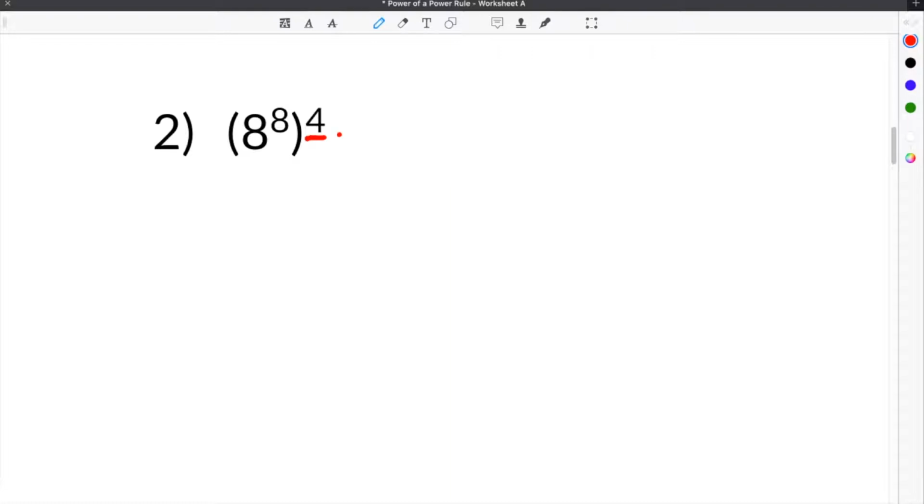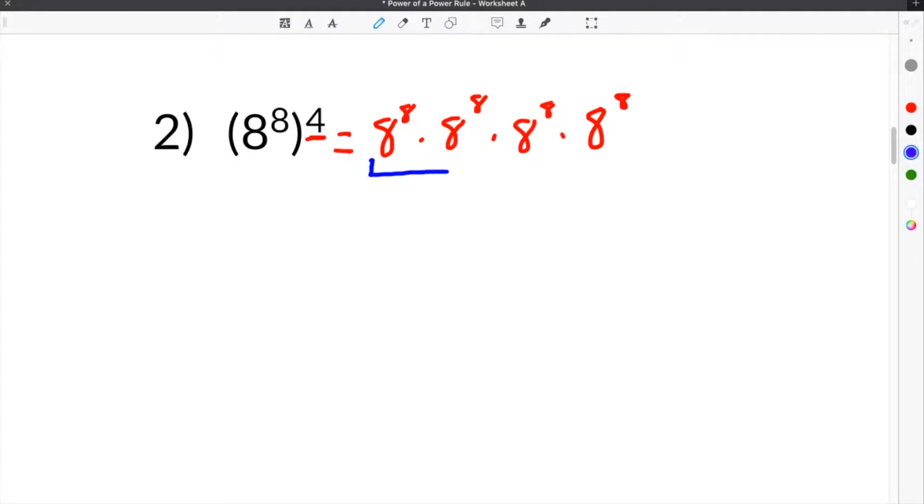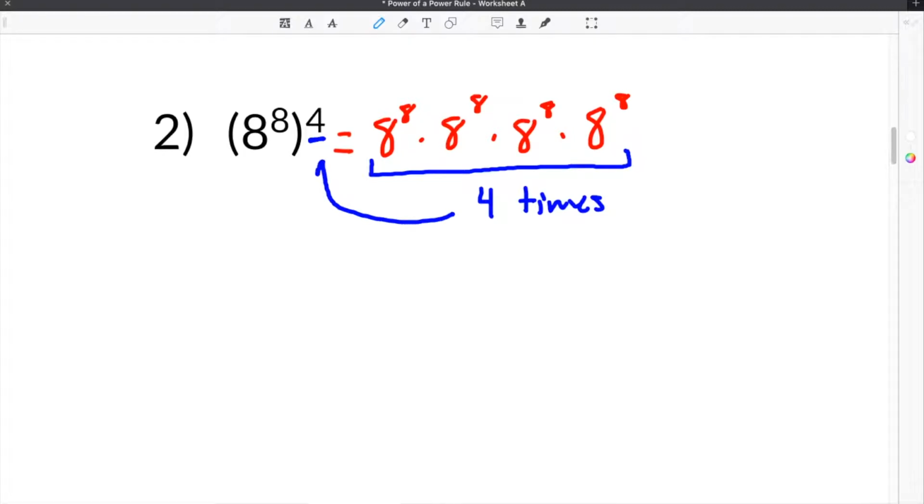So if we were to rewrite this, we would rewrite it 8 to the 8th times itself 4 times. So we have our 8 to the 8th written out, and we wrote it out 4 times because it is being raised to the exponent of 4.